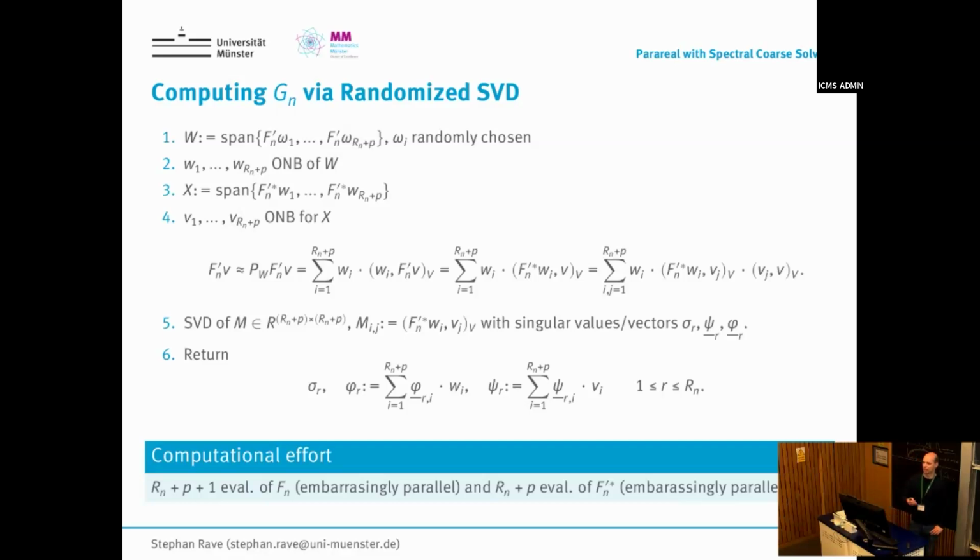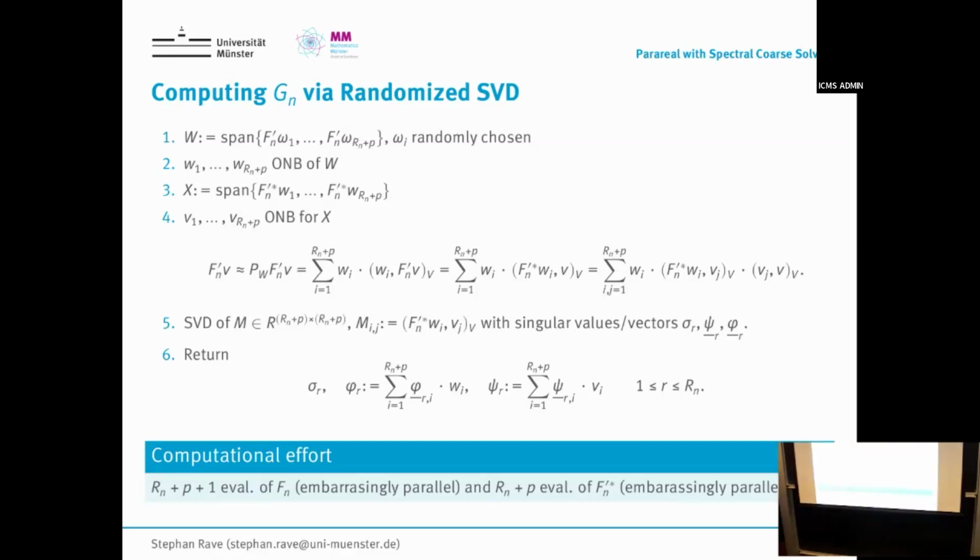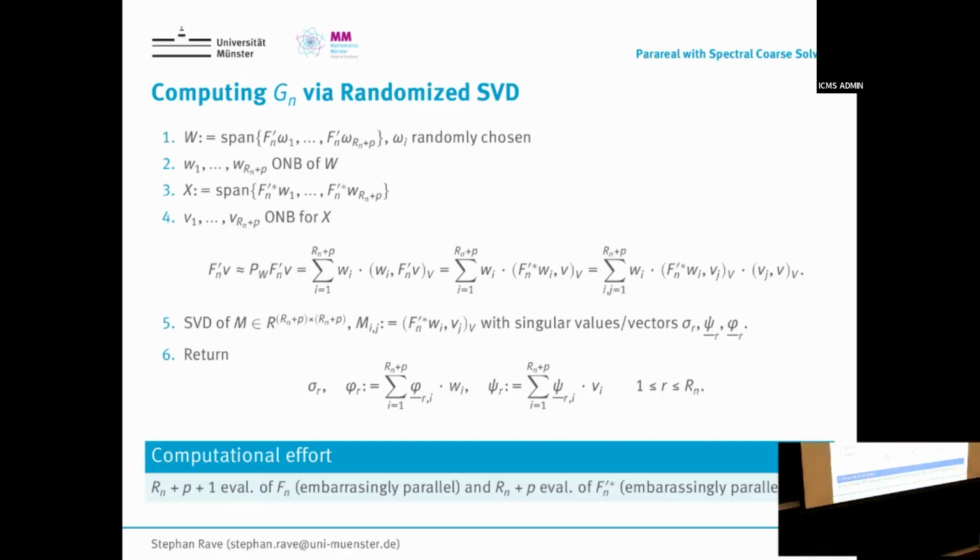As I have been asked before, there are also single shot methods where you can evaluate Fn and Fn star in parallel. So you can also do all these evaluations in parallel. And if your truncation rank is Rn, then you have Rn plus P plus 1 evaluations of the fine solver, where the 1 is for the affine part.